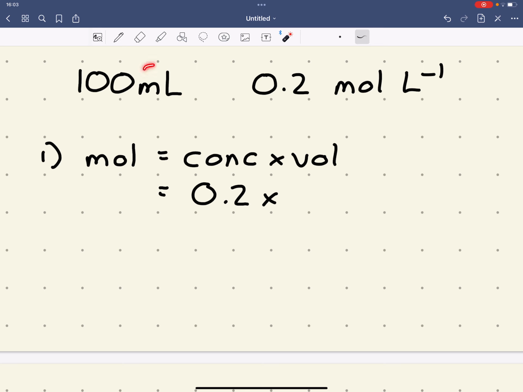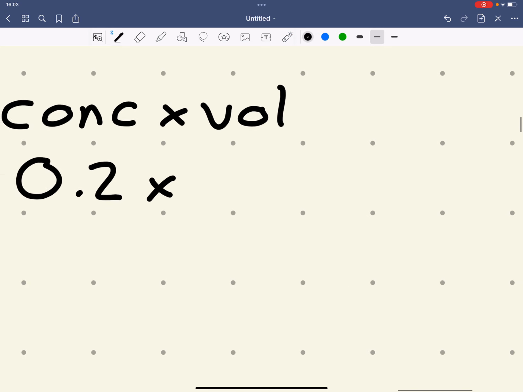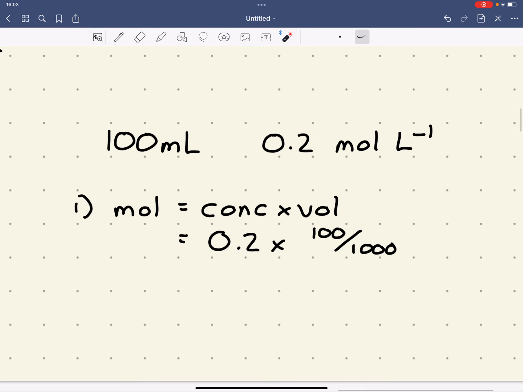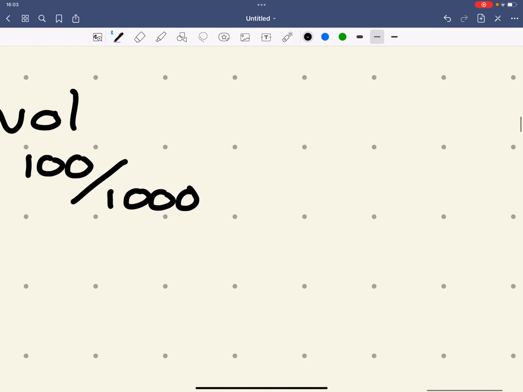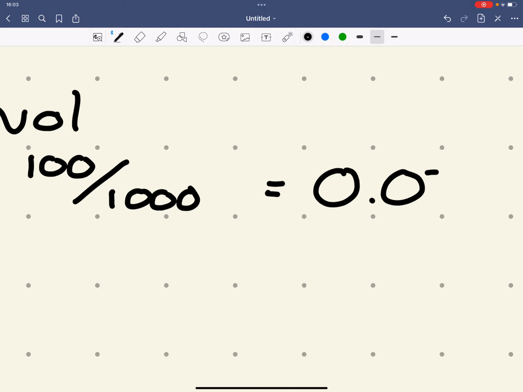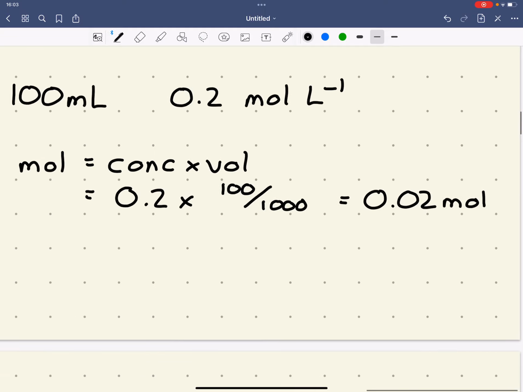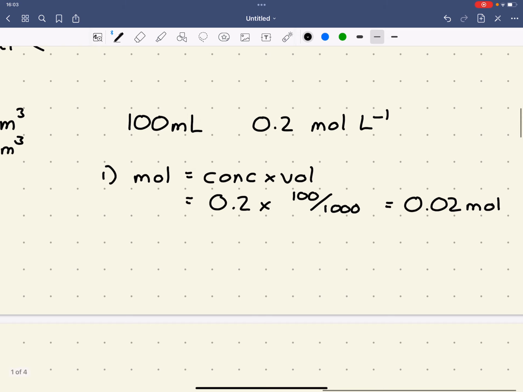So we've got to convert this into litres. There are 1,000 millilitres in a litre. So if I'm going to convert millilitres to litres, I need to divide by 1,000. That gives you 0.02 moles. So that's how much sodium hydroxide I've actually got in there.